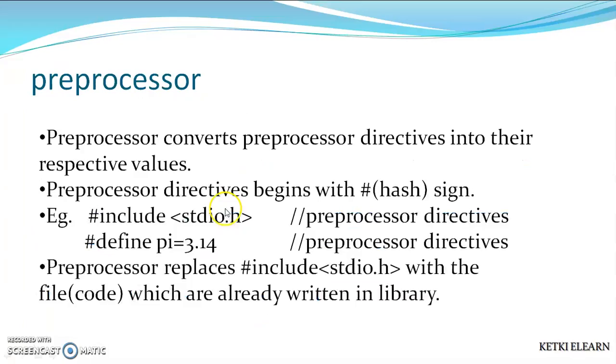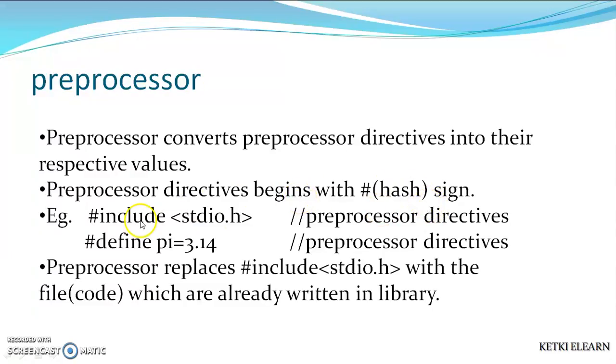Next, we'll see the function of the preprocessor. So what is the preprocessor? The preprocessor converts preprocessor directives into their respective values. So the question is, what are preprocessor directives? Preprocessor directives always begin with a hash sign.